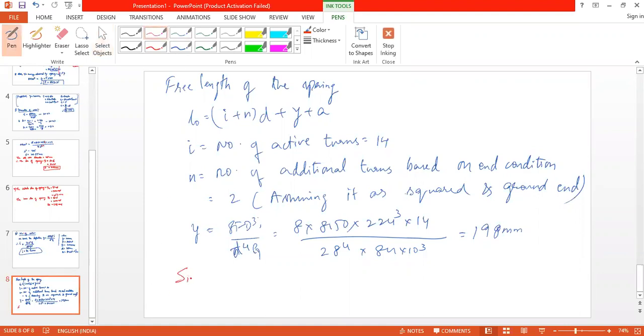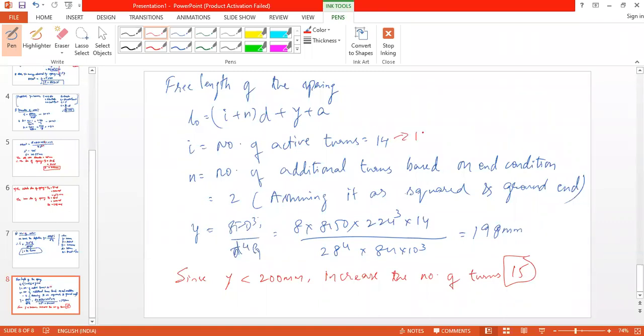Since y is less than 200 mm, increase the number of turns to 15. Instead of 14, make it 15.